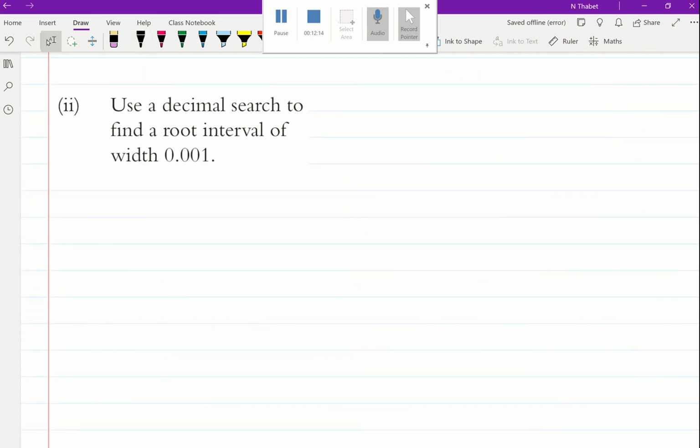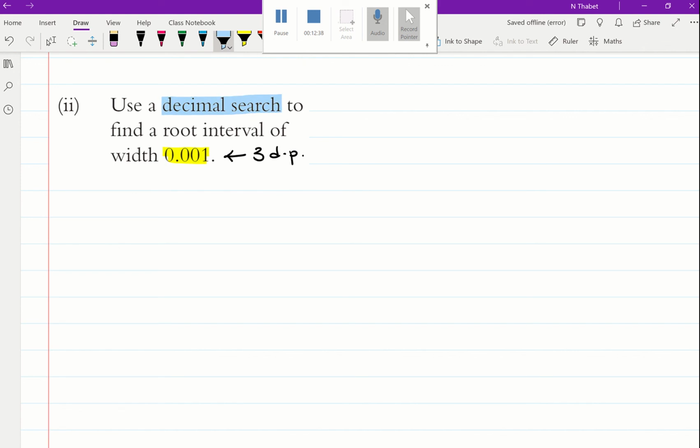And the second question says, use a decimal search to find a root with the interval of width 0.001. So that is 3 decimal places. And again, they have told you what method to use. Use decimal search.